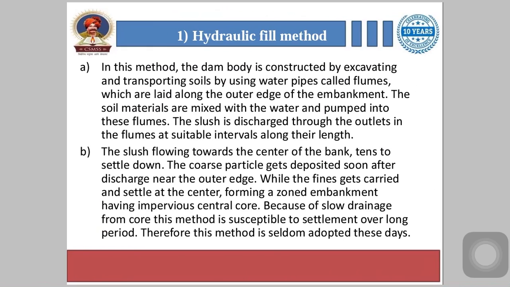The dam body here is constructed with the help of these flumes, which are laid along the outer edge of the embankment. The soil materials are mixed with water and pumped into these flumes. The slush is discharged through the outlets in the flumes at suitable intervals along their length.